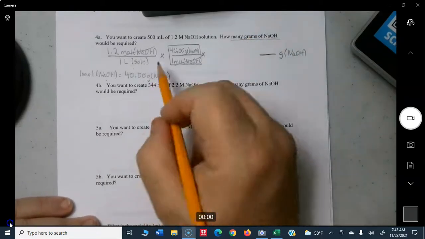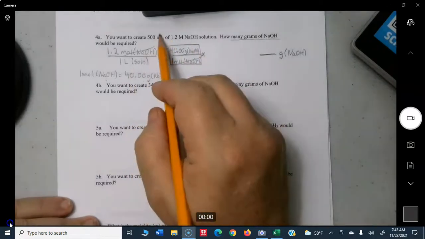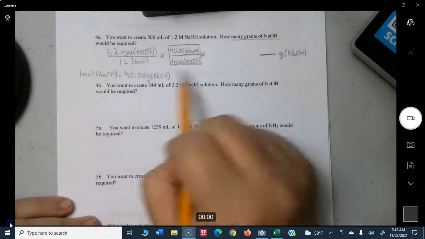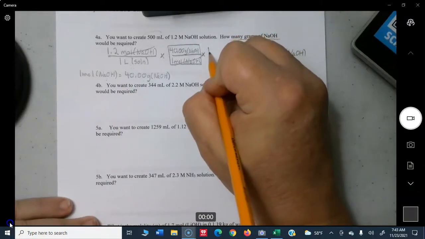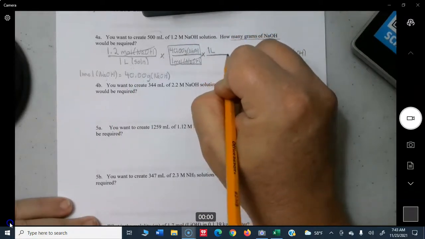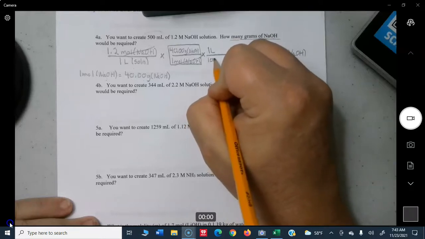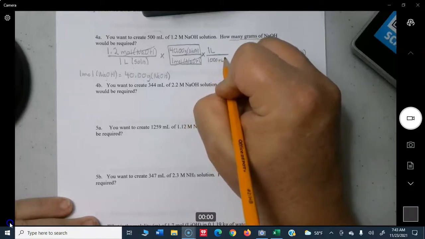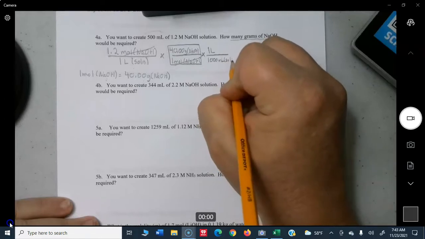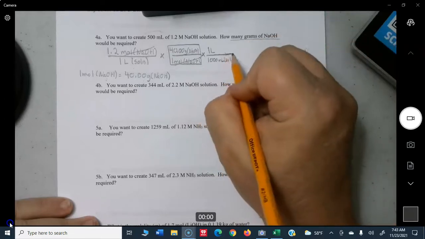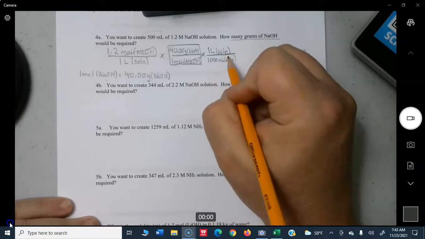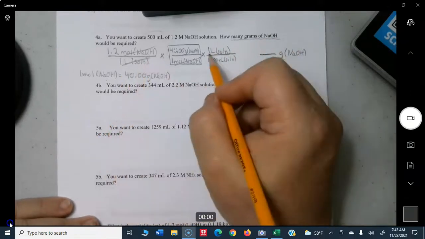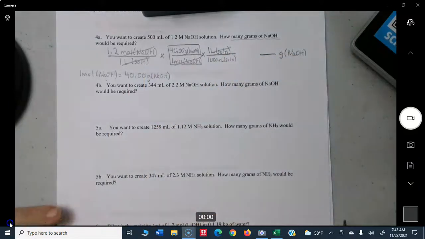Now we got to do the same thing we did a couple of problems back. We got to convert liters to milliliters. We're going to use this to make everything on the bottom cancel out. So first we have to convert this. If you want to draw a box, you can. And it's of solution. So liters of solution here cancels with liters of solution up over there.